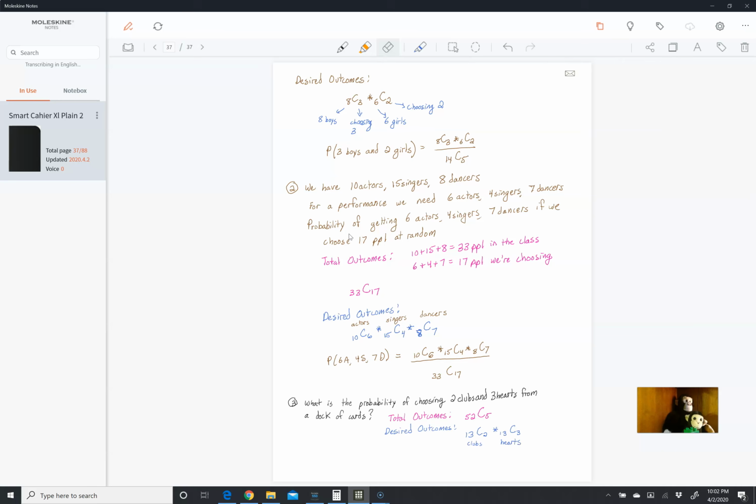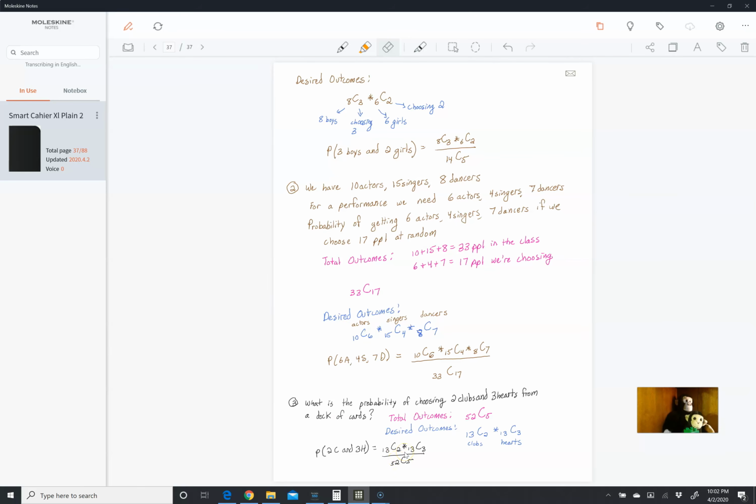So we want to know, what is the probability of choosing 2 clubs and 3 hearts? Again, there's nothing to indicate that order matters, which is why we're using combinations. This is over 52C5. So this is our probability.